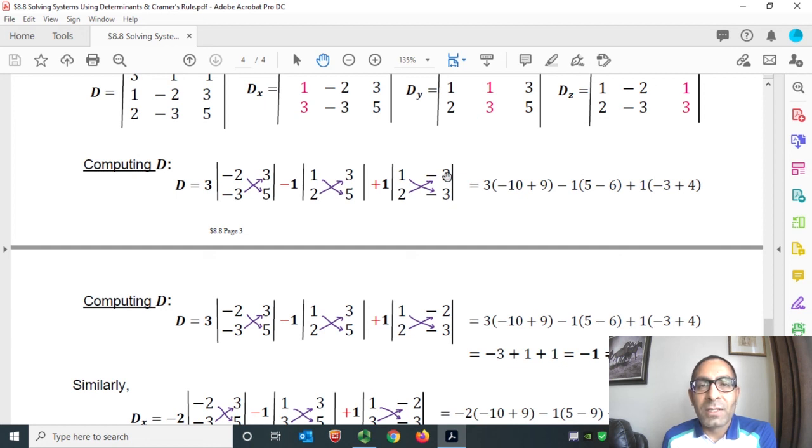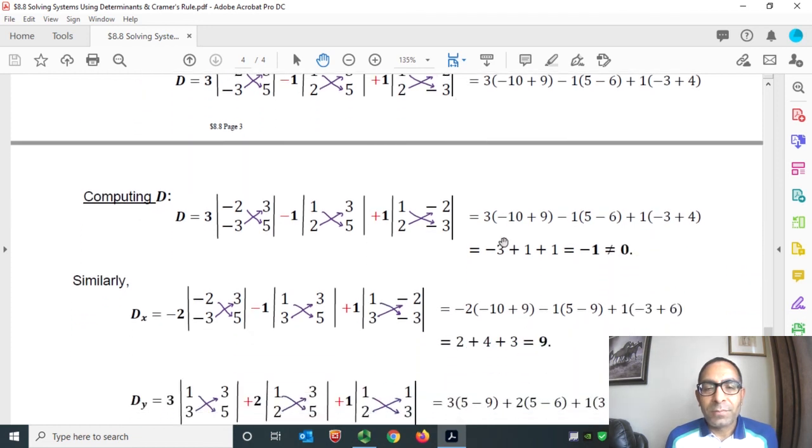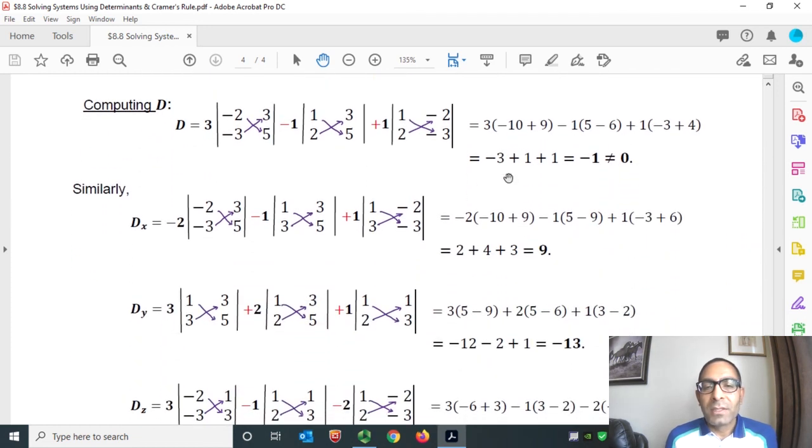So -4, and with the minus from the formula, it makes +4, which is here. I hope this computation makes sense to you all. Then let me scroll down here. After simplifying, it turns out that the determinant d equals -1.